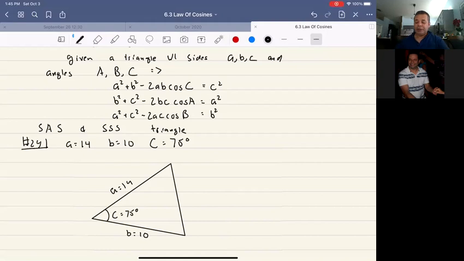The angle is between the two sides, so now we can easily use the law of cosines.